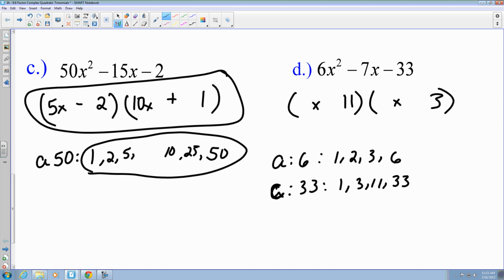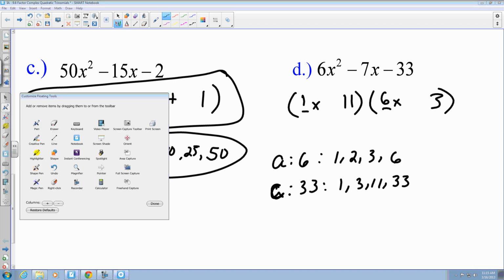So if I put a 2 here and a 3 here, 2 times 11 will give me 22, and that'll give me 9, 22 minus 9, that's not 7. So now what if I put a 6 here and a 1 here? 11 times 6, so that's going to be 66. And no, that's definitely wrong. Oops.